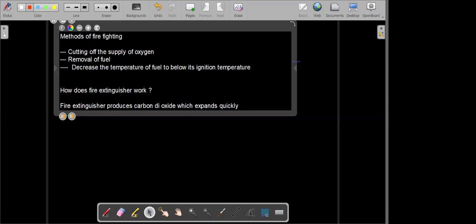All right. So how does fire extinguisher work? A fire extinguisher produces carbon dioxide, which expands quickly when exposed to fire or when heated.